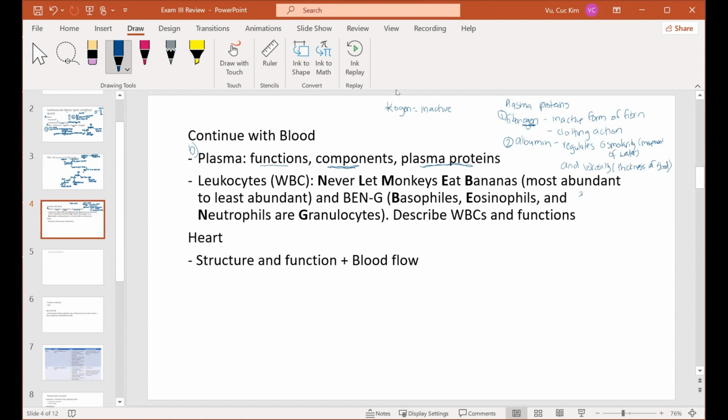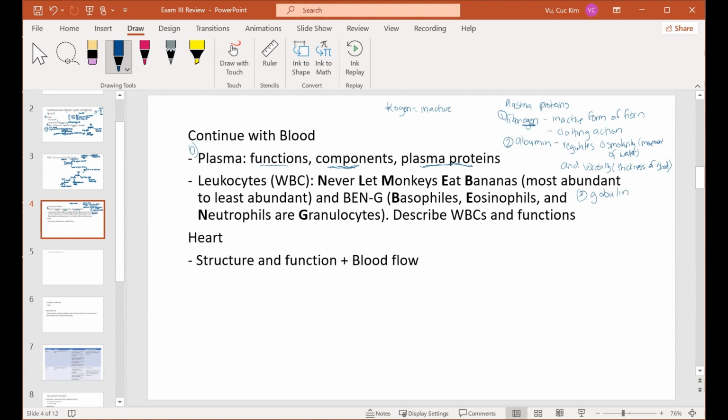Okay, what's a third plasma protein? Third one, last one. I mean, not the last one, because there's a lot of them, but last one of the three that we're making you know for this class. Yeah, okay.